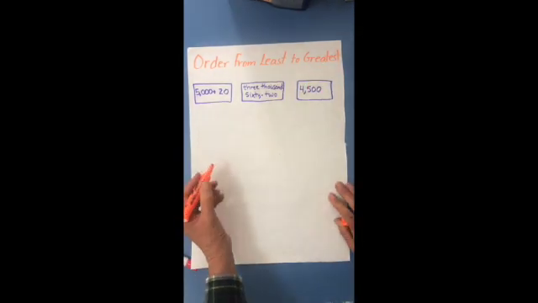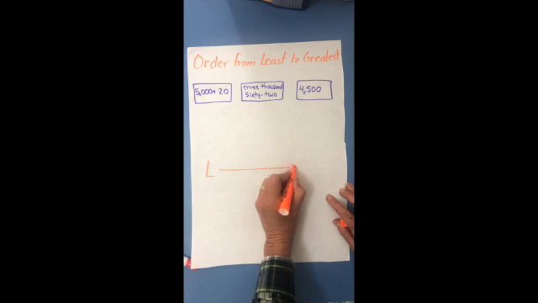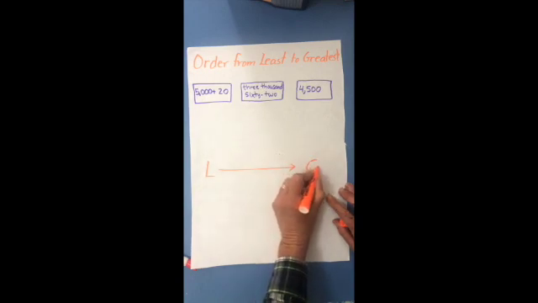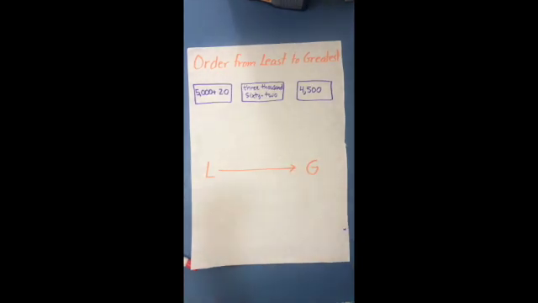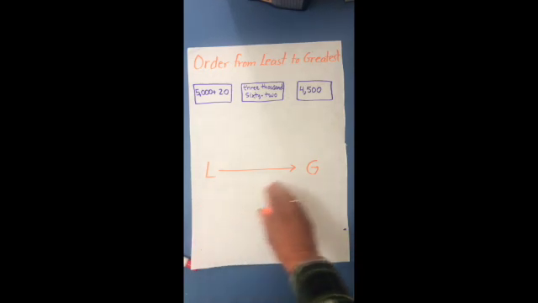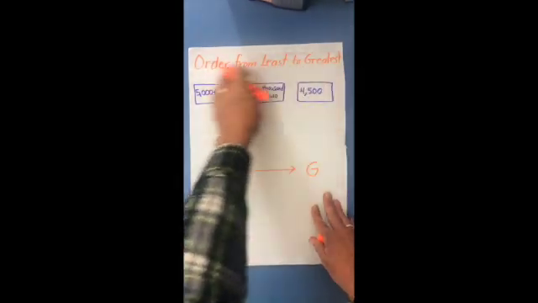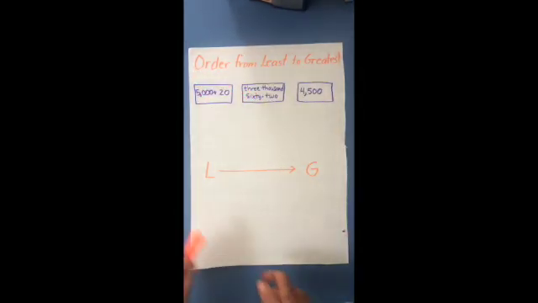So I don't do that. What I want to do is I put an L for least, and then I put a G for greatest. And that way when I go and check my work, I can say, is the number over here the smallest, and is the number over here the biggest? And then I don't have to worry about keeping that in my head.